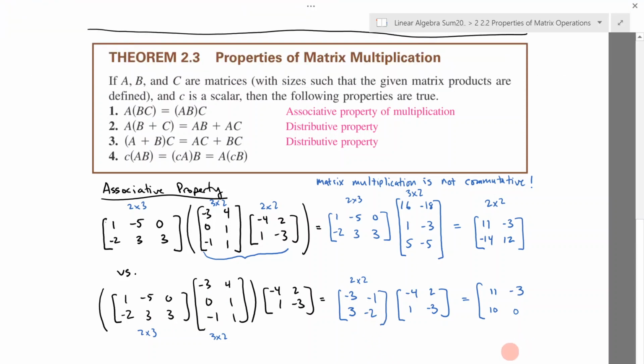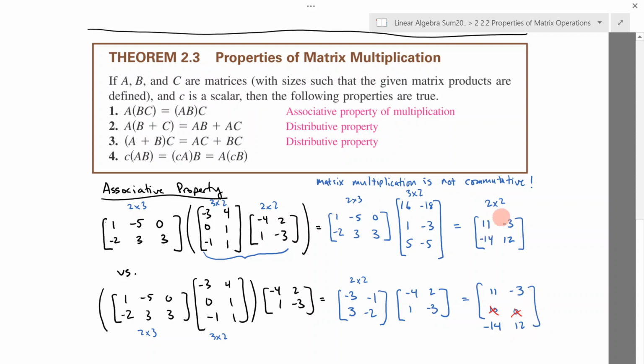So now let's multiply these. So negative 12 minus 2 is negative 14. And then 6 plus 6 is 12.